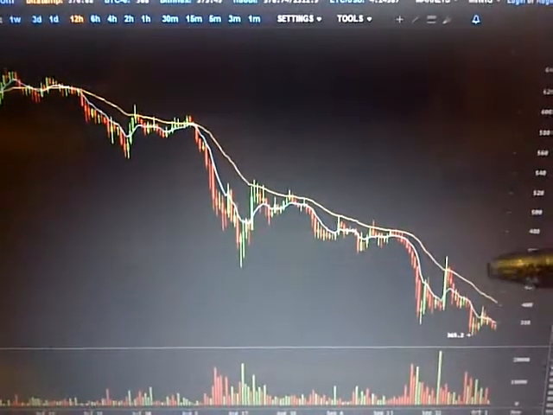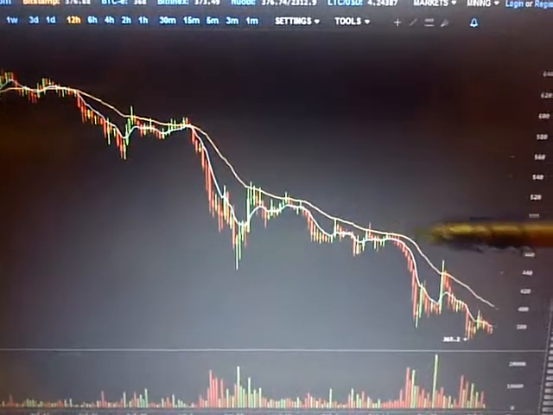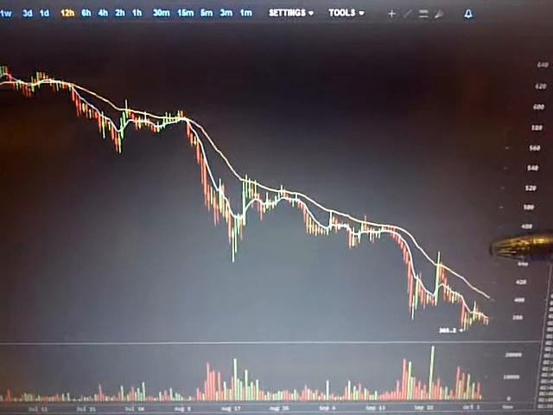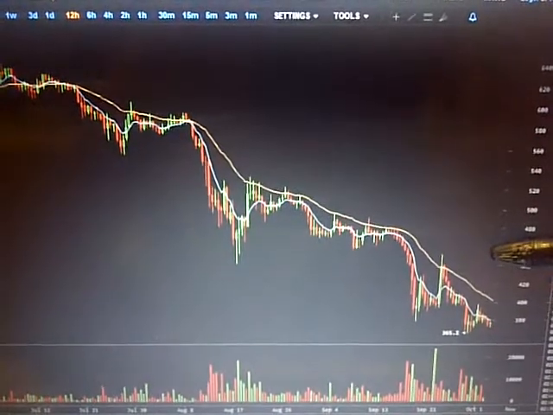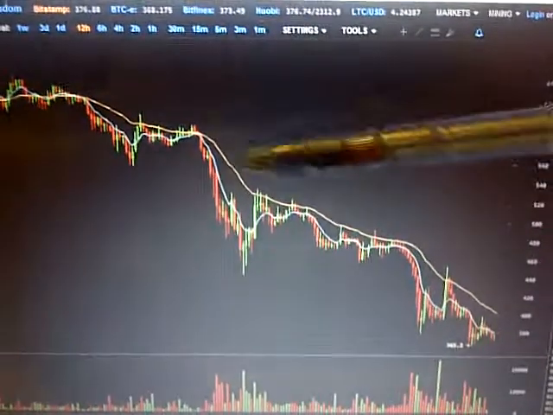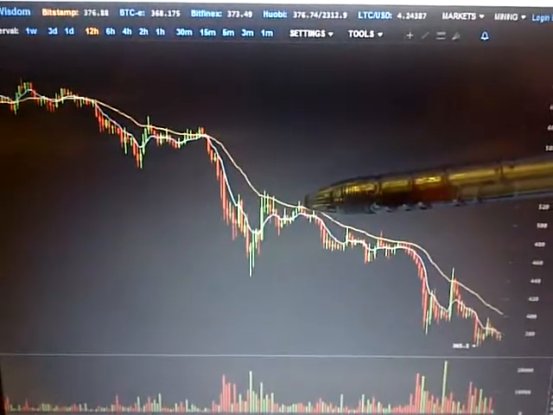I've mentioned before that you can just wait for a higher high to be higher than the last high, and that will signal to you that it's about to turn over. The other way to know is if you get any of these, and I'm looking at a 12-hour.